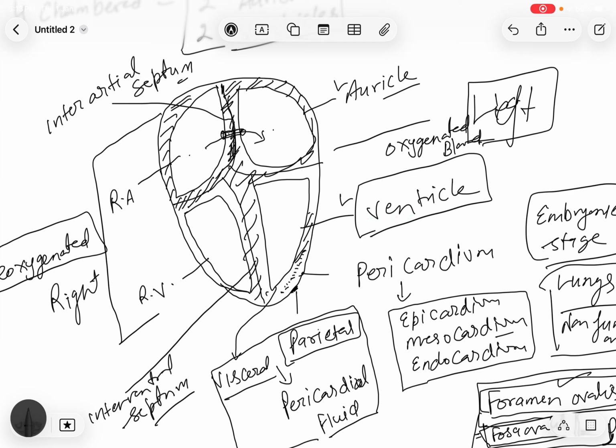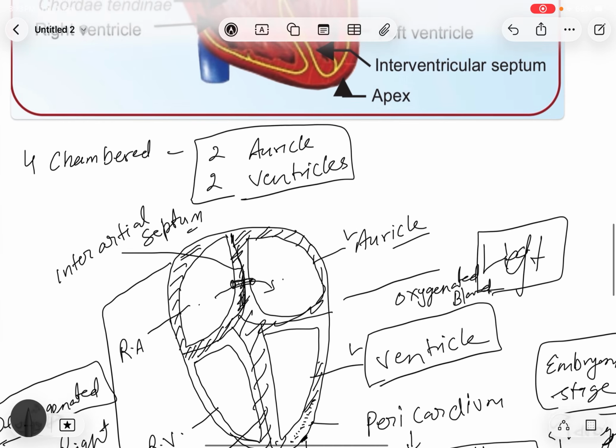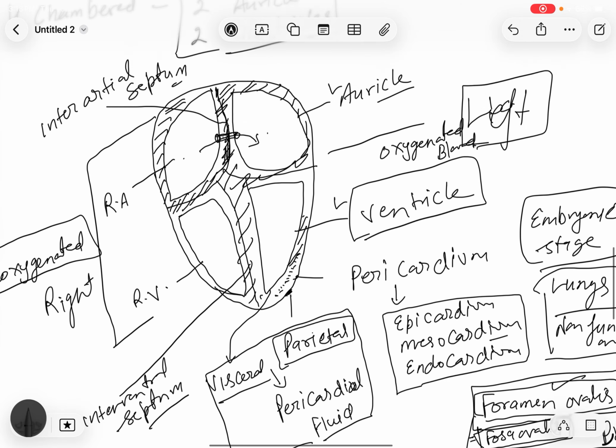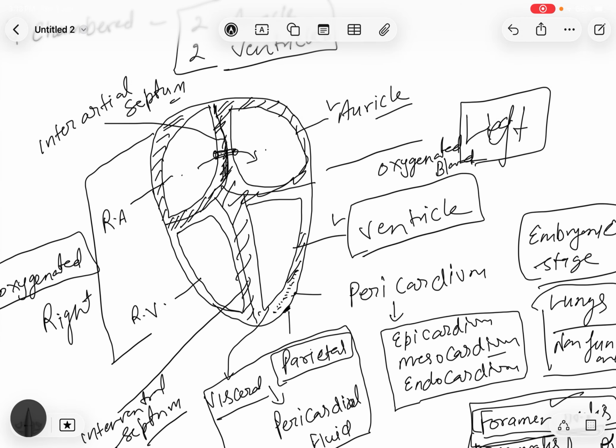The veins collect the blood from the body and give it to the superior vena cava, which opens into the right auricle.